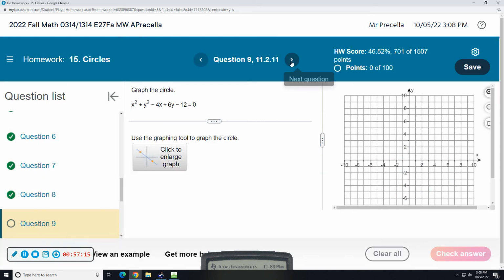Number 9. Let me write the problem down. x squared plus y squared minus 4x plus 6y minus 12 is equal to 0.